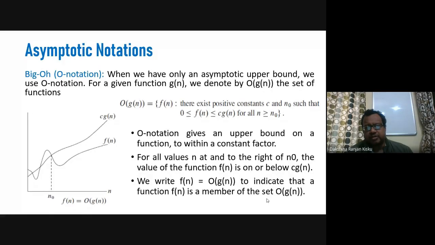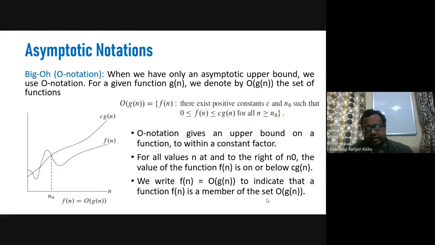Worst case time complexity means the upper bound, so the maximum time which is needed by an algorithm can be represented by this notation.